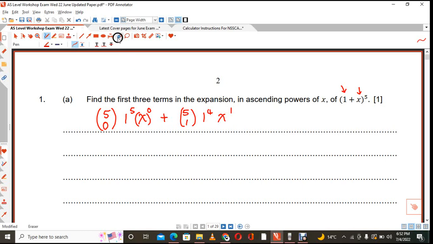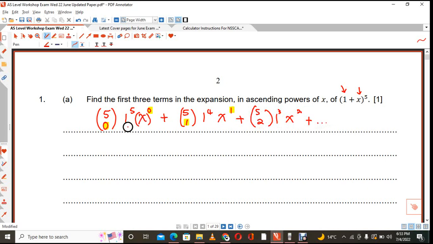Okay, so obviously you should remember that this power here and this one here sort of correlate, correspond. And then the third term would be 5 choose 2. That's the third term, so 1 cubed and then x raised to the power of 2, and so on and so on.